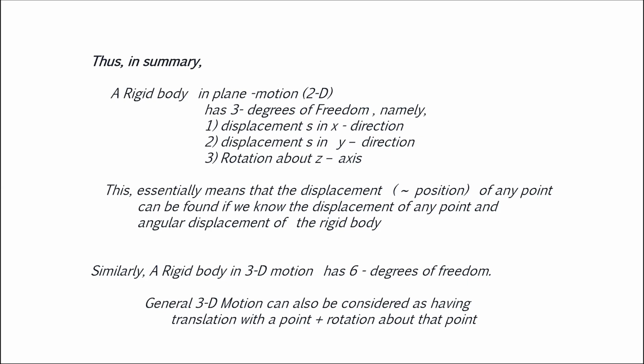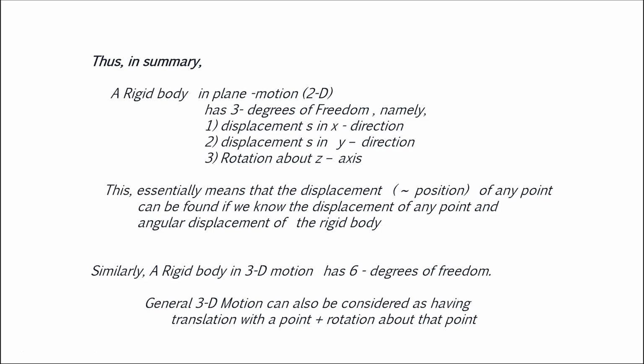Since we have agreed that the general plane motion can consist of a translation and rotation, if you think that it is moving along with A, the point A can be construed as having two displacements in X and Y respectively, followed by a rotation about the Z axis. So this is very important for us.